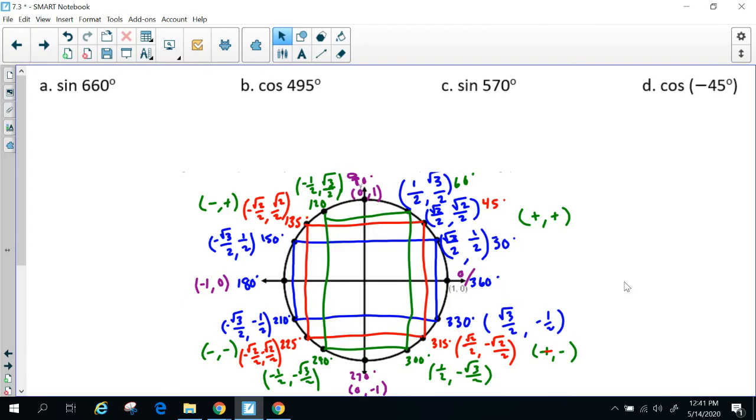Okay, so I've got our unit circle on here handy for us to look at. If I'm looking at the sine of 660 degrees, that's not one of my angle measures right now. We can't find that rotation on the unit circle since that only goes from 0 to 360. So all we have to do, since it's bigger than 360, is subtract 360.